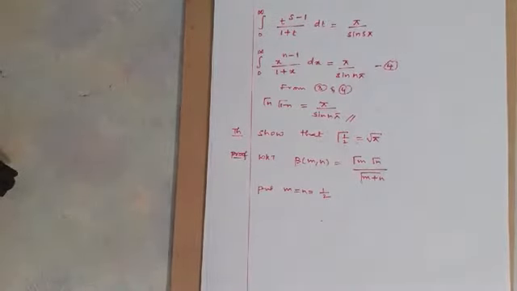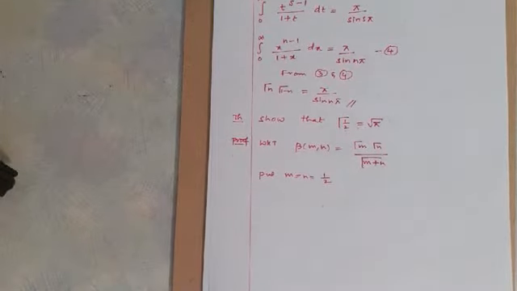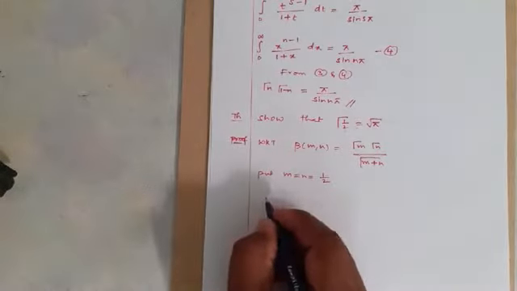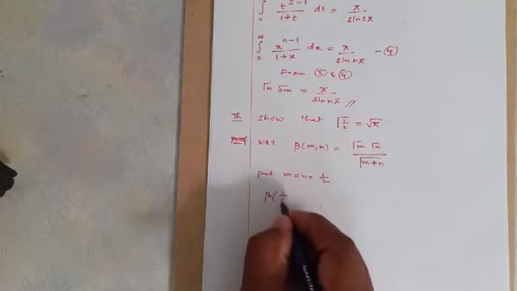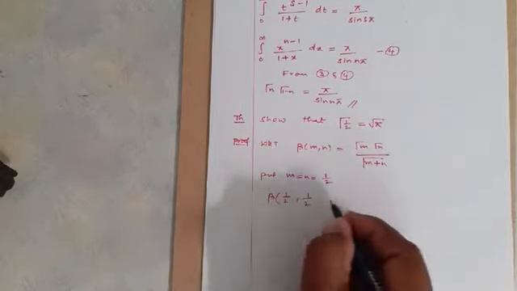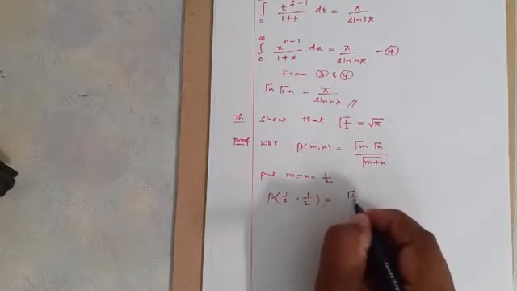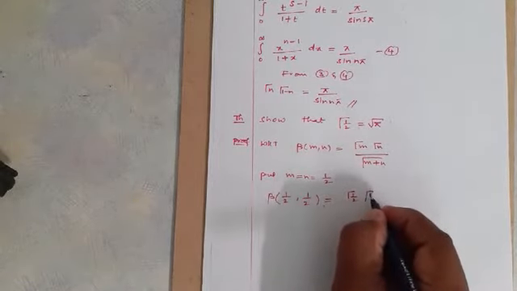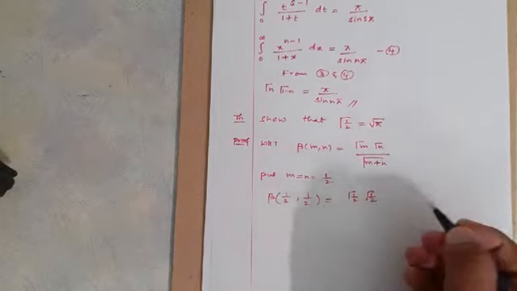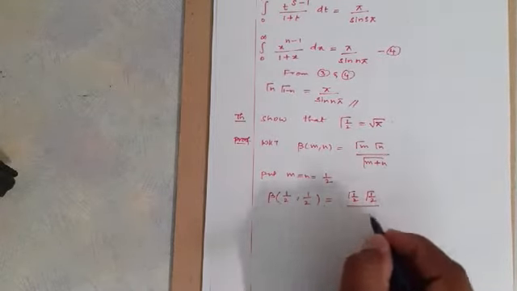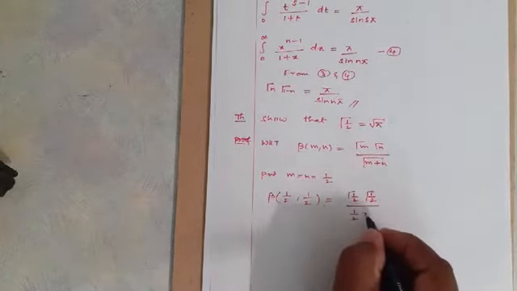Then beta 1 by 2 comma 1 by 2 is equal to gamma 1 by 2 gamma 1 by 2 upon gamma of 1 by 2 plus 1 by 2.